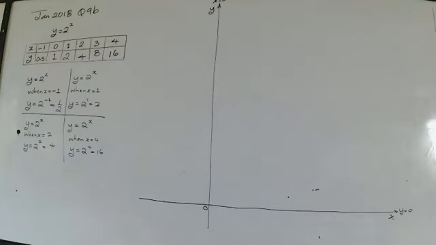Are you ready? Now, the next thing after we draw our axes is to label them. The scale tells us how to label the axes. The scale says 2 centimeters to 1 unit on the x-axis.